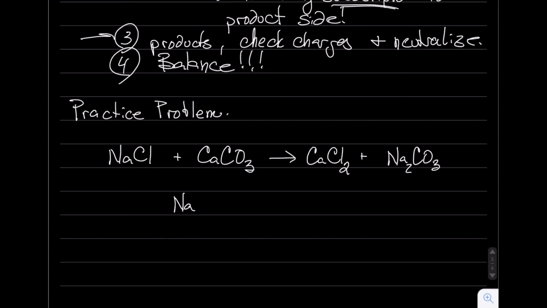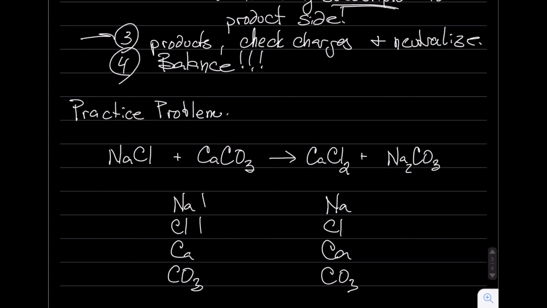We have Na, Cl, Ca, CO3. And we can keep the CO3 together because we have a CO3 on both sides. So we have 1 on the reactant side, 1 sodium, 1 chlorine, 1 calcium, 1 carbonate. Product side, 1 sodium, 2 chlorines.